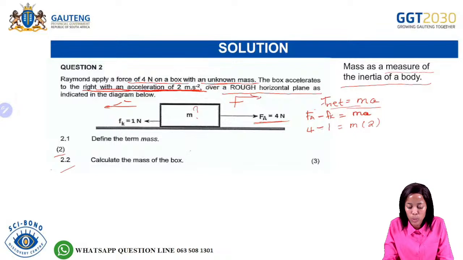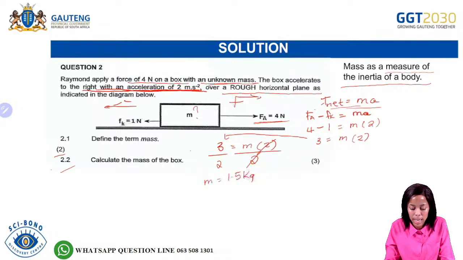So from there, we just need to apply maths. It is 4 minus 1 on the left hand side, the mass is unknown, that is what we are asked to calculate, and the acceleration was given to the right as 2 meters per second squared. So we are able to substitute and get our final answer.